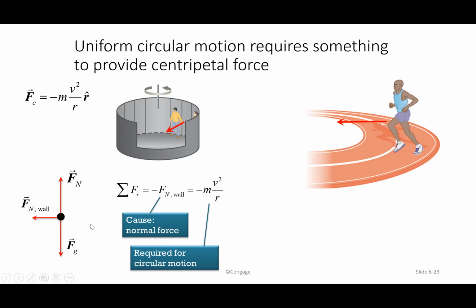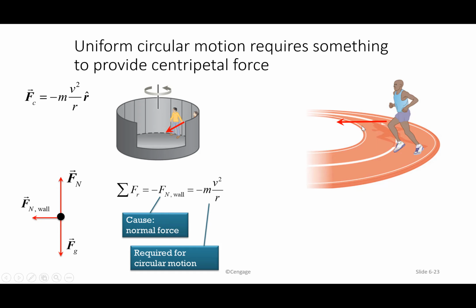Remember, uniform circular motion requires something to provide a centripetal force. So if I've got the people in the round here, we can look at our normal force and gravitational force, and we've got our normal force against the wall, and it's related to that v squared over r. Again, I encourage you to look at the Pepsi Max video with the guy running the loop, because that's a nice particular part.